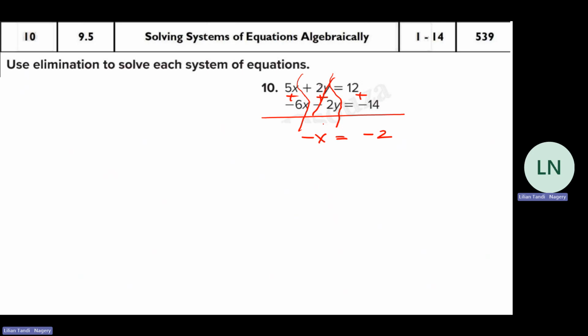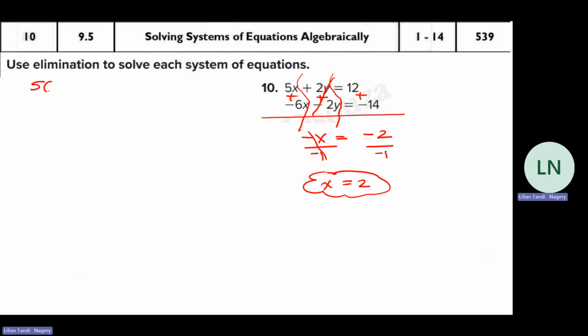5 minus 6 is negative x. Okay. Divide both sides by negative 1. This goes away. X is 2. Then I need to do y. I choose whichever equation.